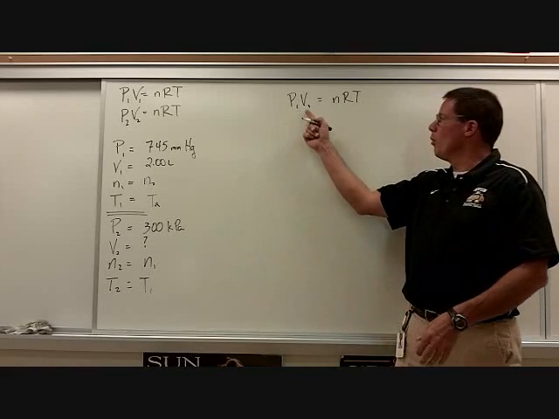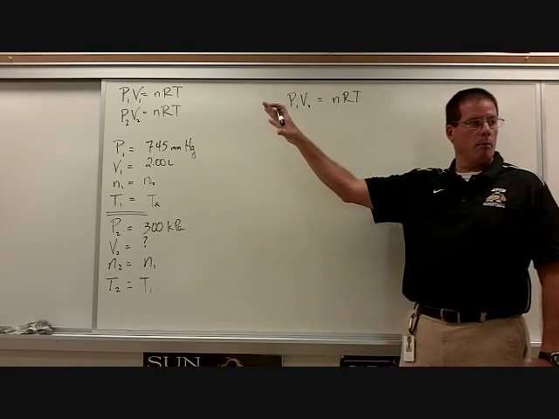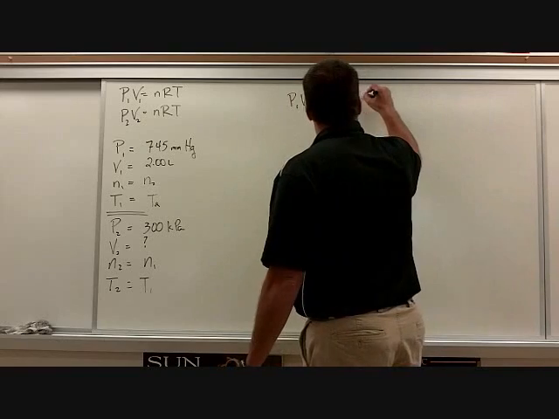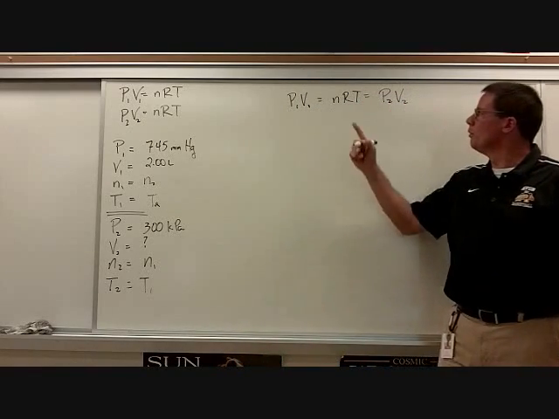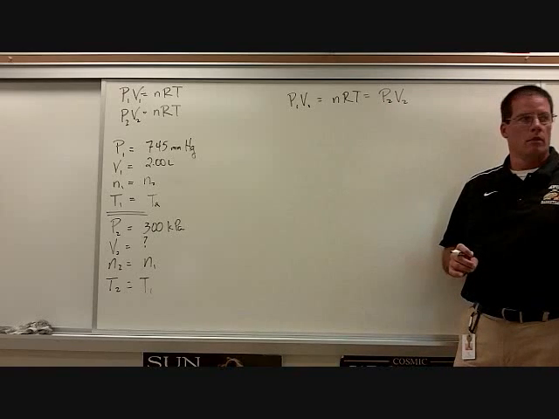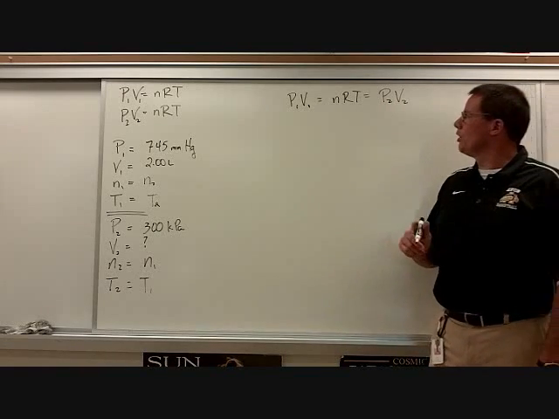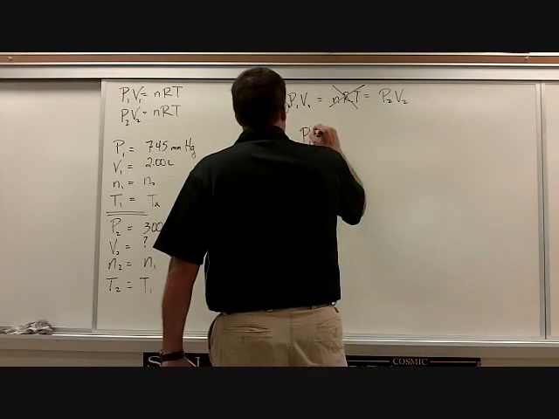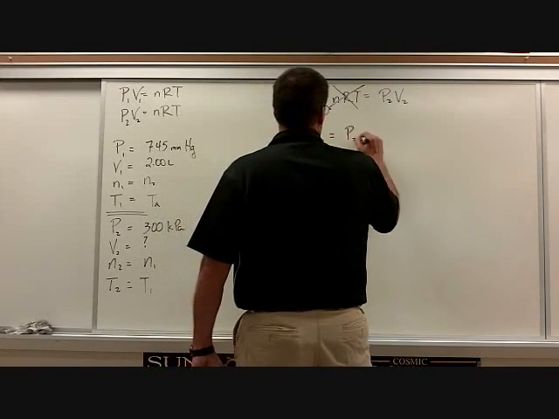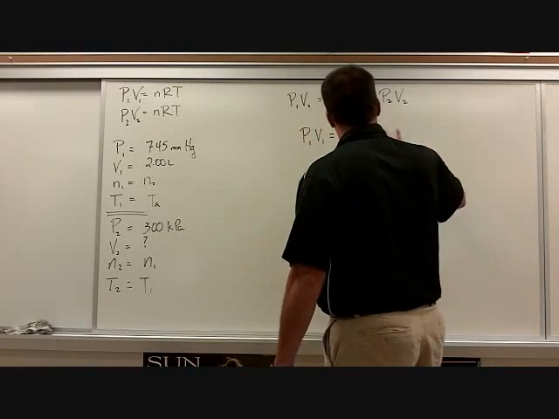Yeah. So the P1s, the initial set, we only care about pressure and volume, are on the left side. So P2, V2 is also equal to nRT. Cool. Since nRT does not change, we don't care about it. So now we have P1, V1 is equal to P2, V2.